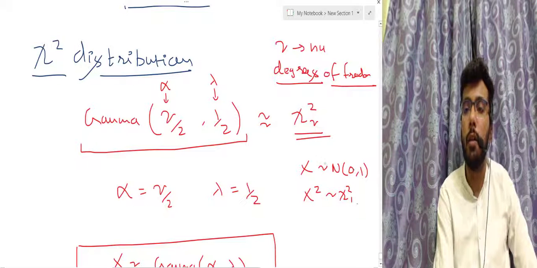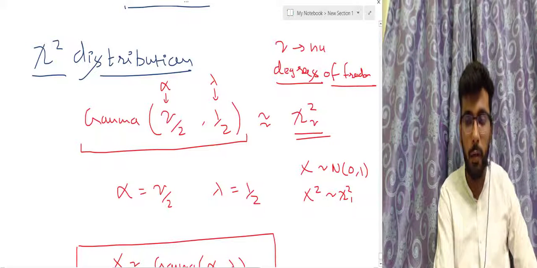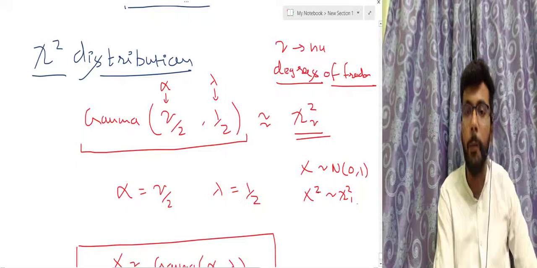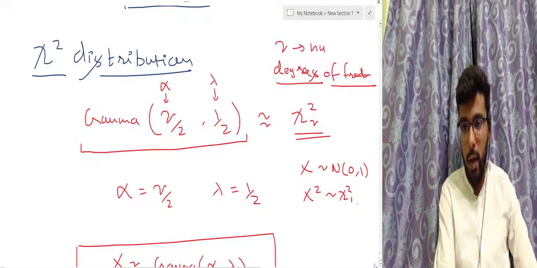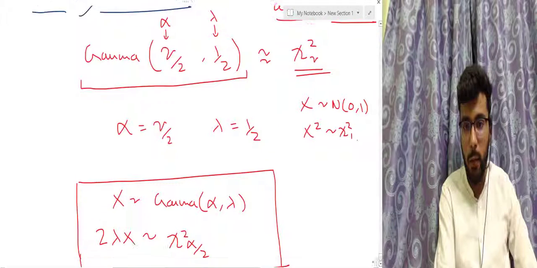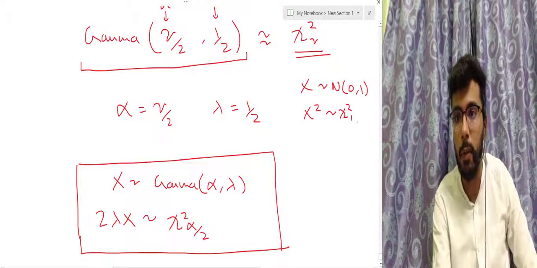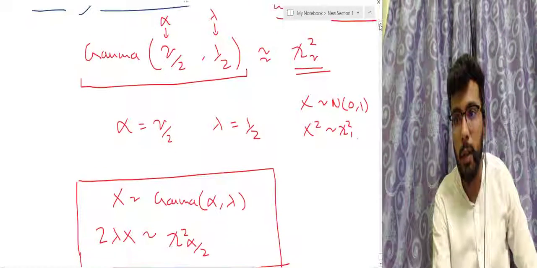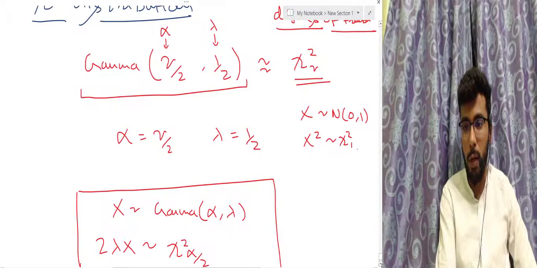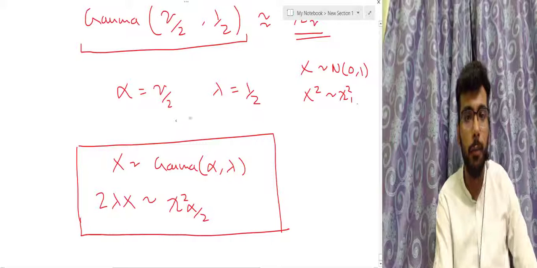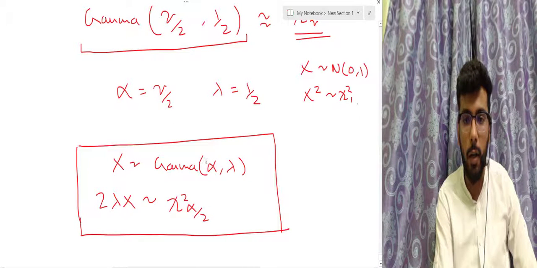So there is also a relationship between the normal distribution and the chi-square distribution, but that comes later. For now it is just a form of the gamma distribution. Another way this relationship can be expressed between the gamma and chi-square distributions, both of these relationships are written in the tables, so you don't need to remember them. They are already given for you to help you find the probability.